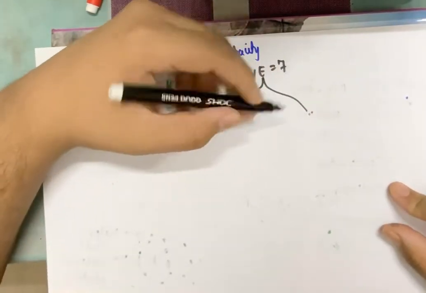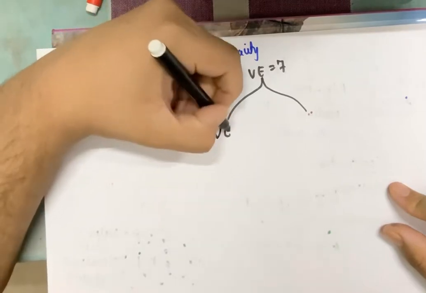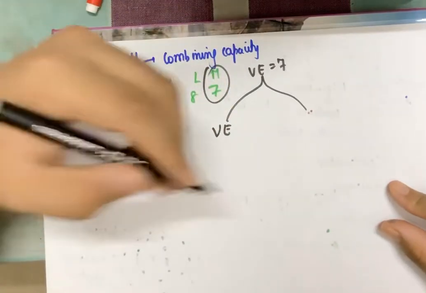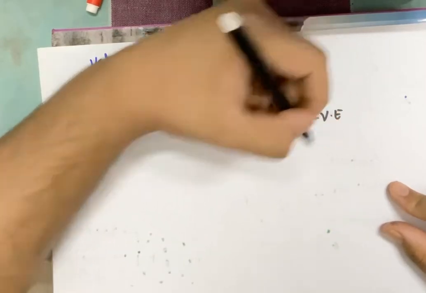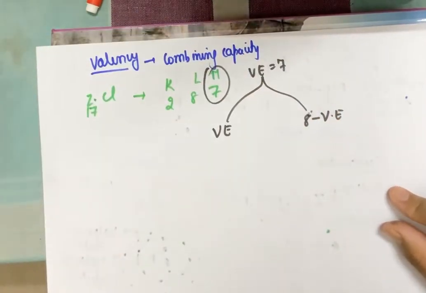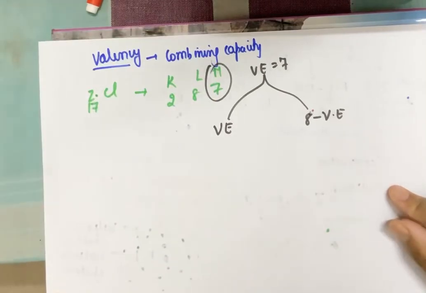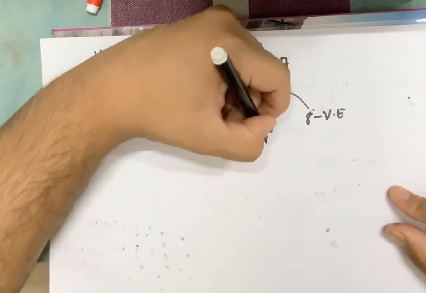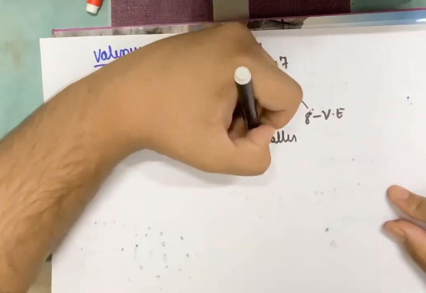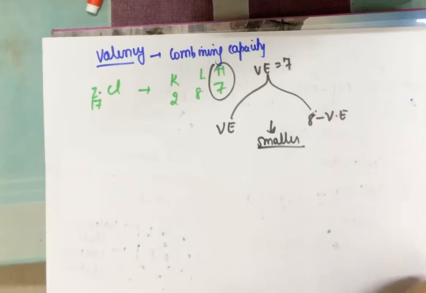The first is that the valence electrons become the valency, or the next choice is 8 minus valence electrons. 8 is the maximum capacity of a shell. Which to choose? I will choose the smaller one, and the smaller one in each case will be the valency of the element.